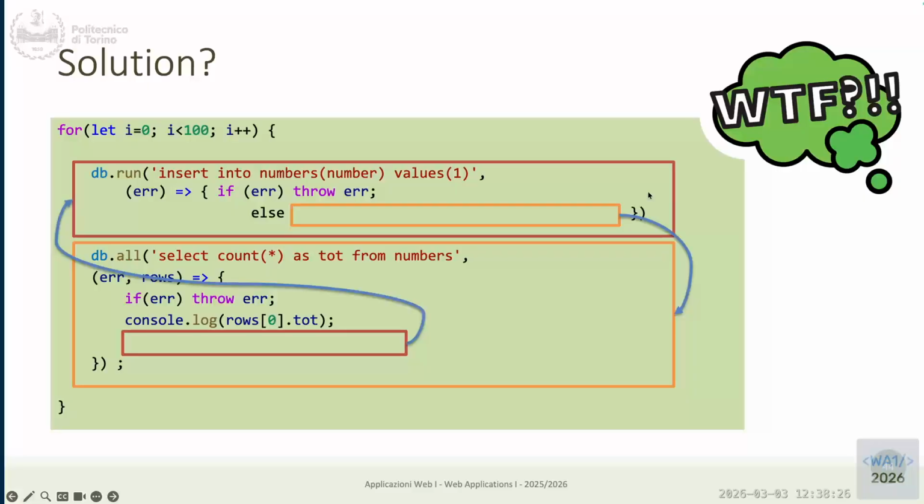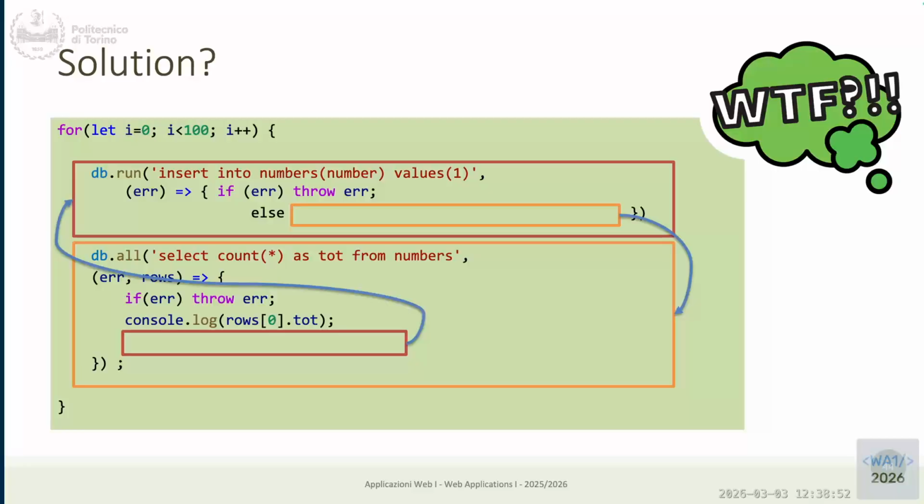Actually, what I want to say is that the second query should be inside the callback of the first, but also the first query should be inside the callback of the second, if I want to be sure that they are executed in sequence. And of course, topologically, this doesn't work. You cannot be inside and outside at the same time.